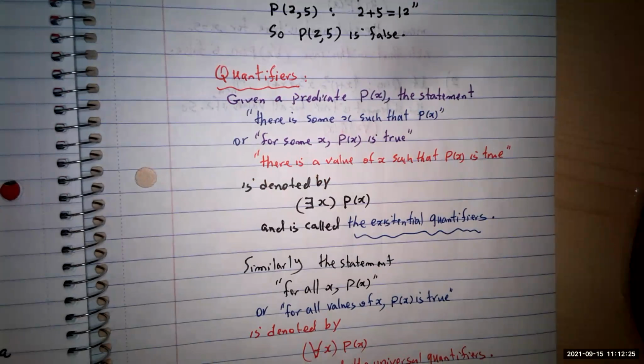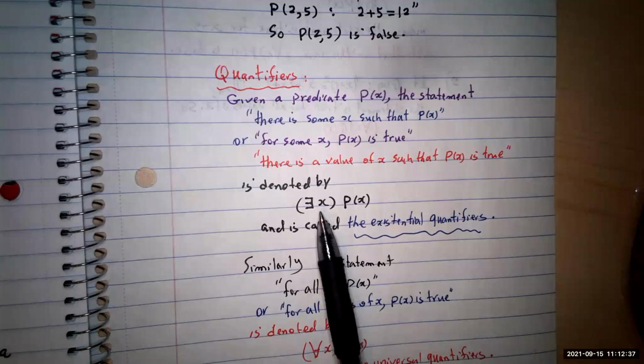If there is at least one value of x such that p of x is true, we write this expression: there exists x, p(x). That means p(x) is true for one value of x.